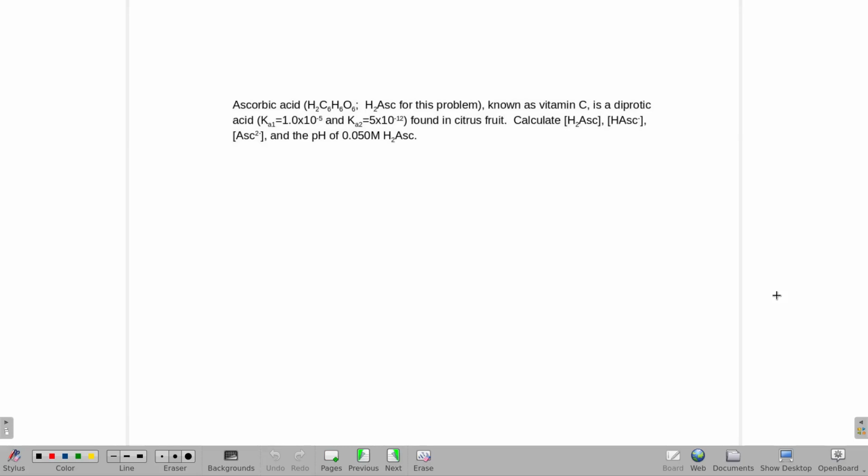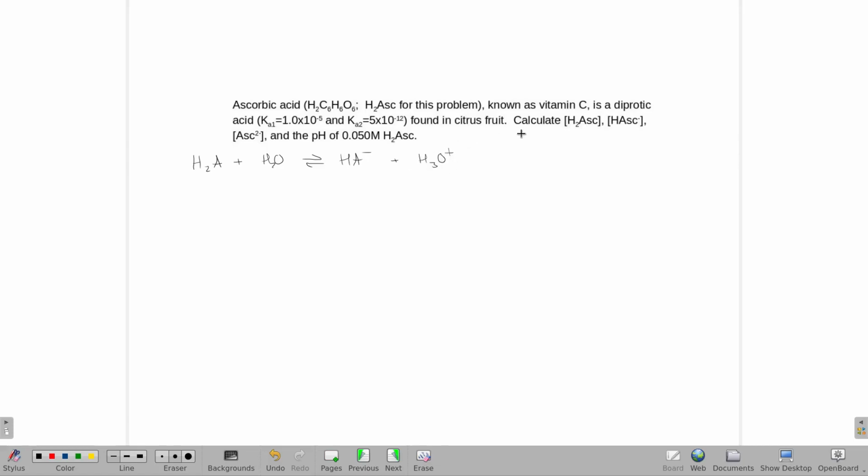So let's look at ascorbic acid, vitamin C. We're going to see how we would do this math, and we're going to make some odd assumptions. Instead of HA, I'm going to do H2A. I'm going to let it bump into water and create some HA minus and some H3O plus.